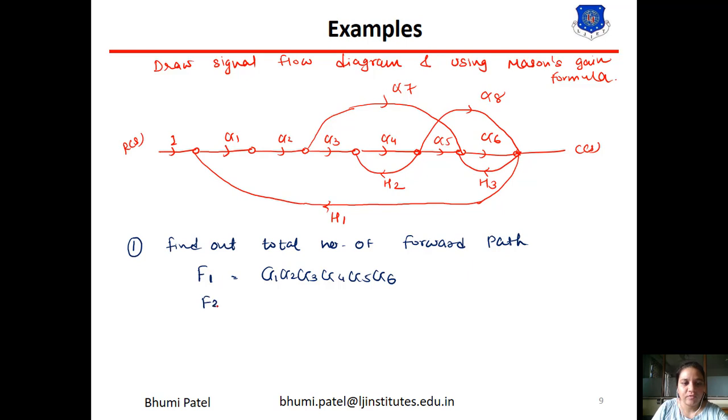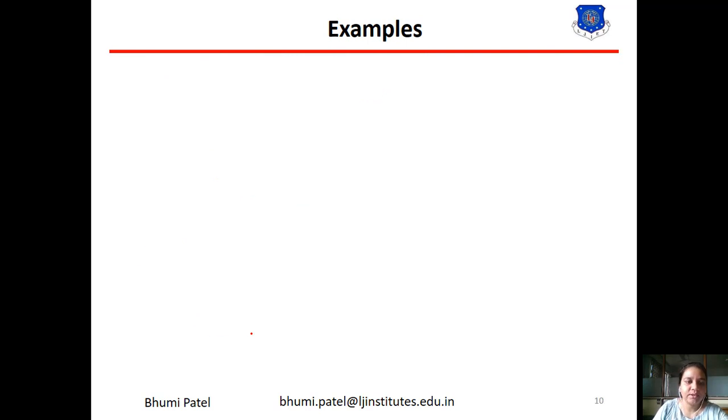Now the second forward path, starting from the input and ending with the output: 1, G1, G2, G7 and G6. So the answer is G1, G2, G7, G6. Now the third forward path is here.